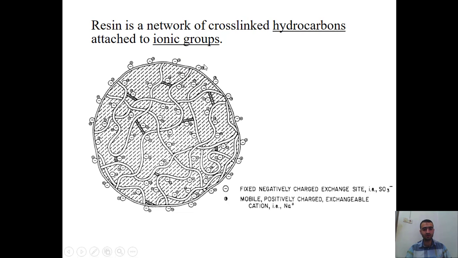You can see the small circles, those are the mobile positive ions that will be exchanged with others. So the positive cations can be like sodium or hydrogen. Those can be exchanged with any cation already existing in the solution, like maybe magnesium or calcium.